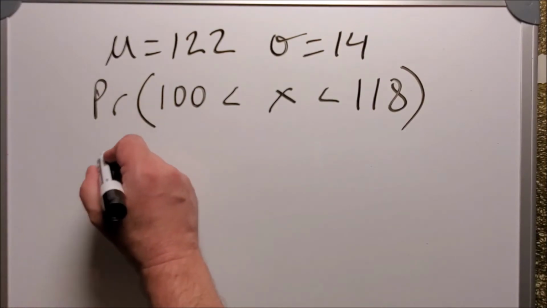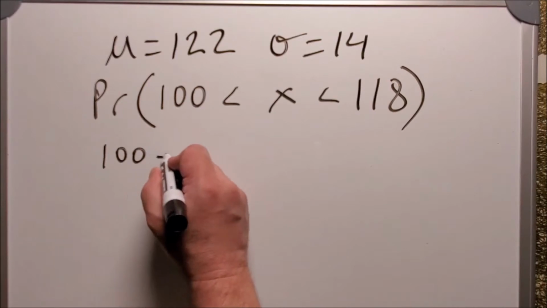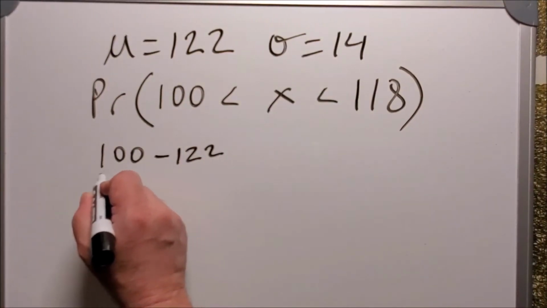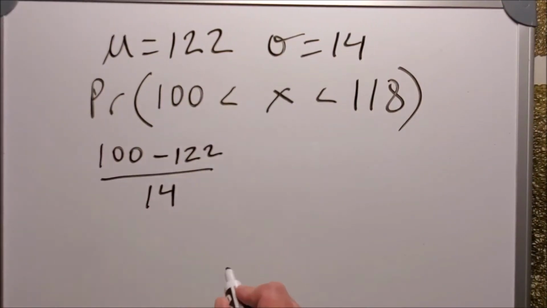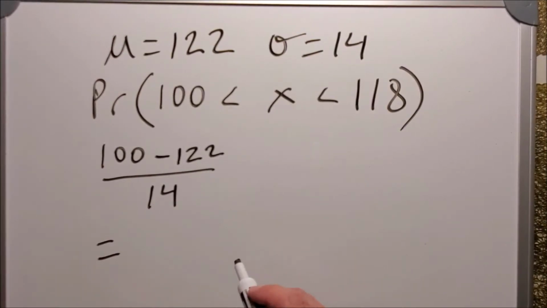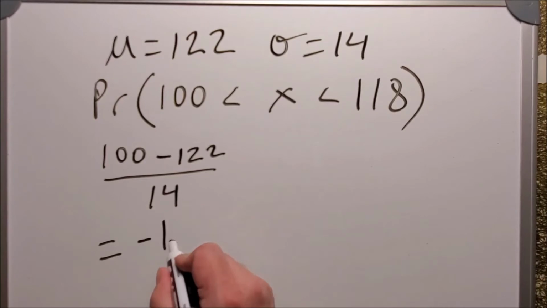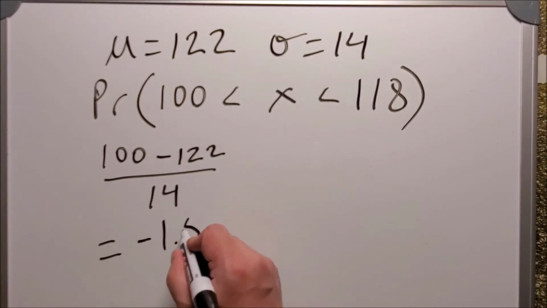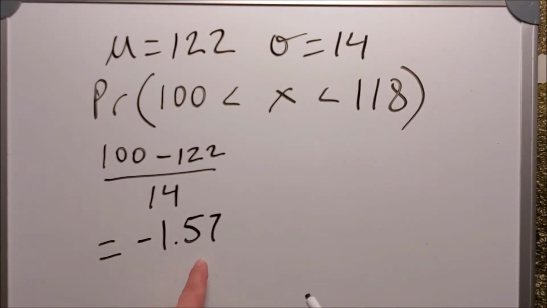Okay, 100 minus 122 divided by 14, I got a z-score of negative 1.57. Again, I'm truncating that, rounding it because I want to use the z-table.